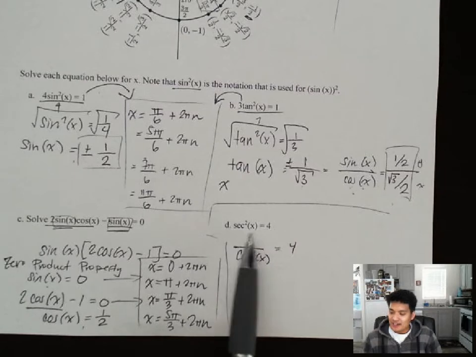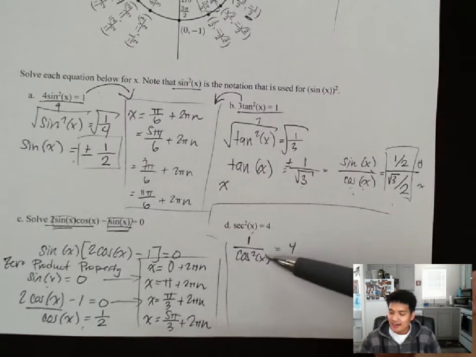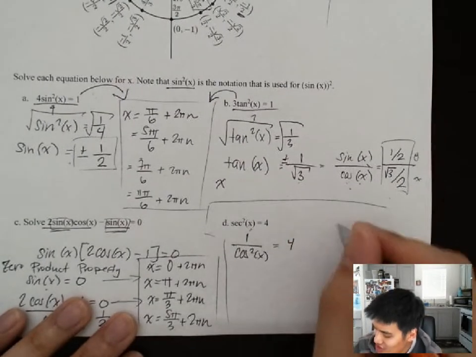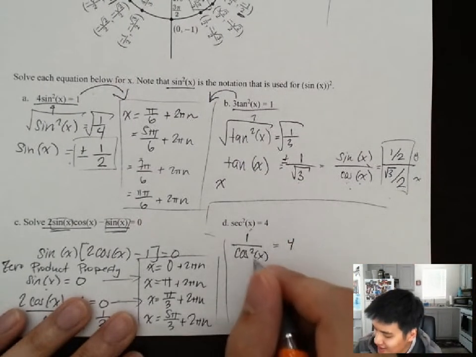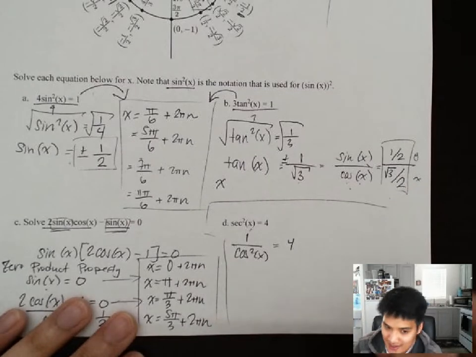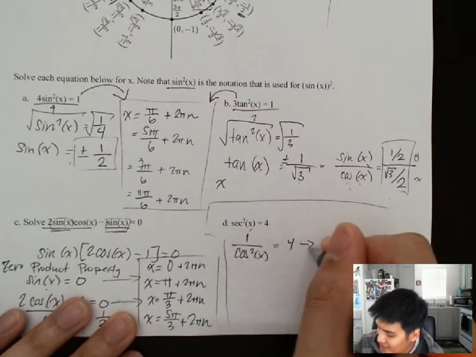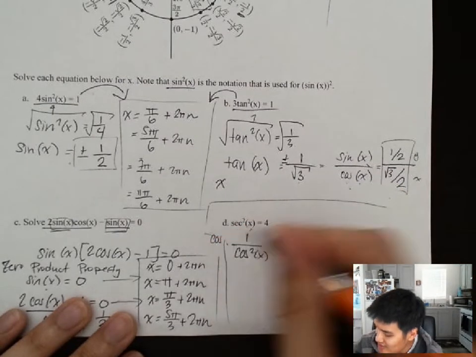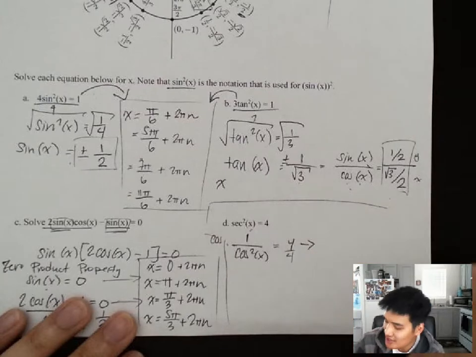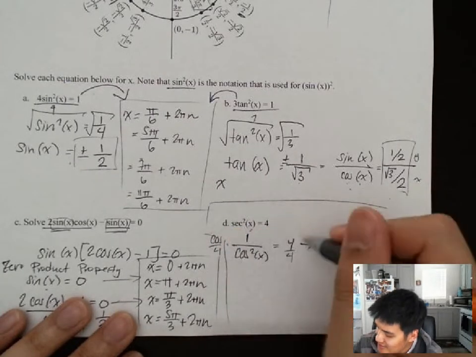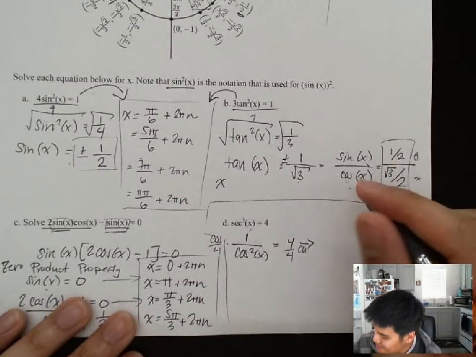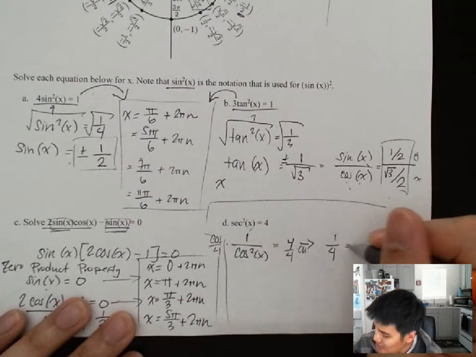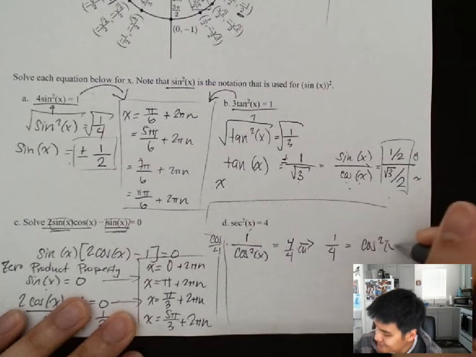Because secant squared x is a reciprocal function, I can write it as 1 over cosine squared x. And then I would try to get cosine squared x by itself. So if I multiply cosine squared to both sides and then divide by 4 on both sides, I end up getting 1/4 is equal to cosine squared x.